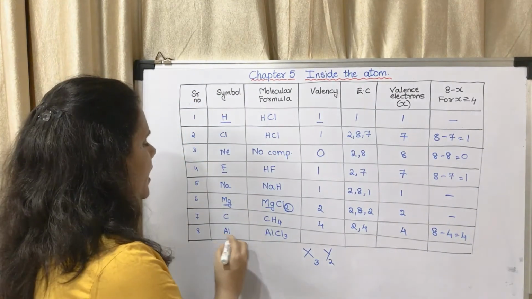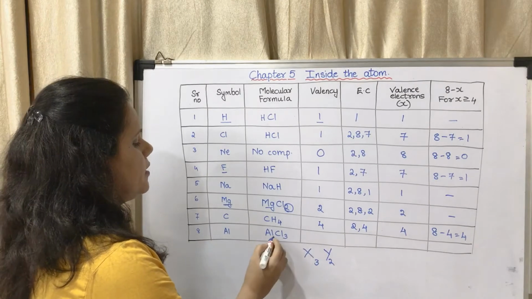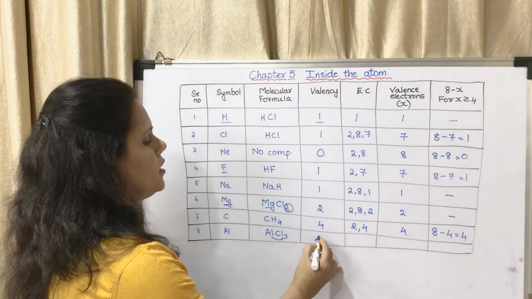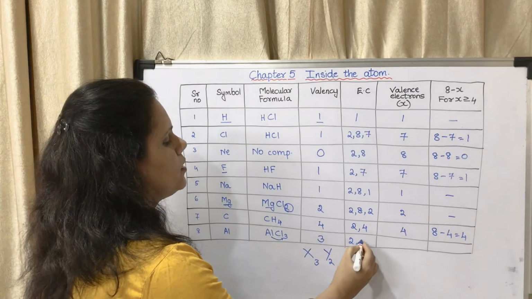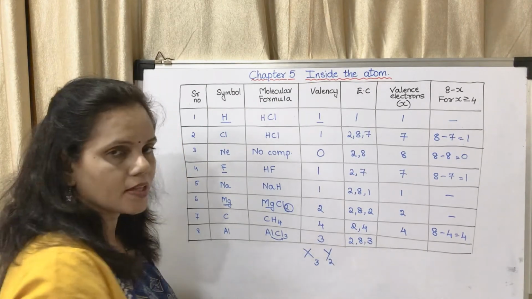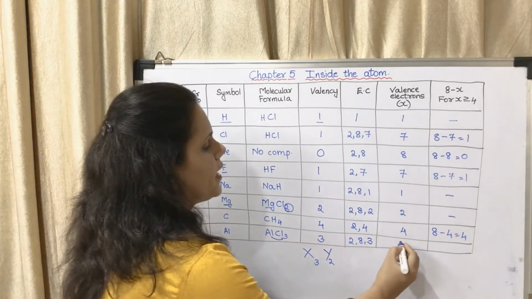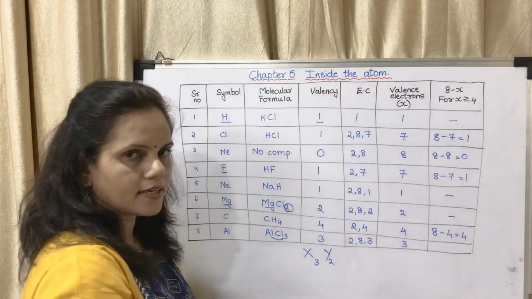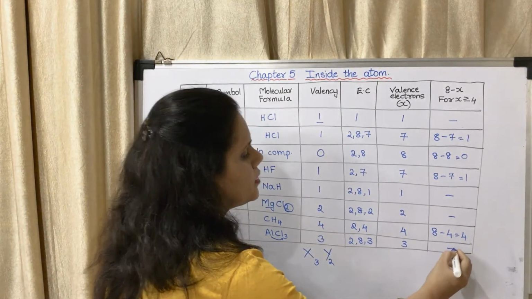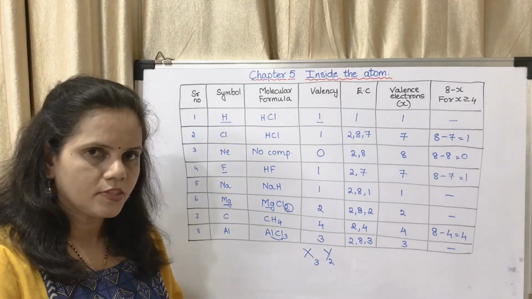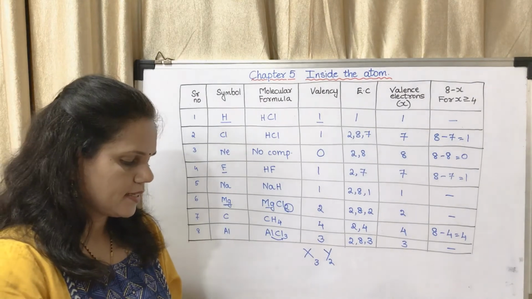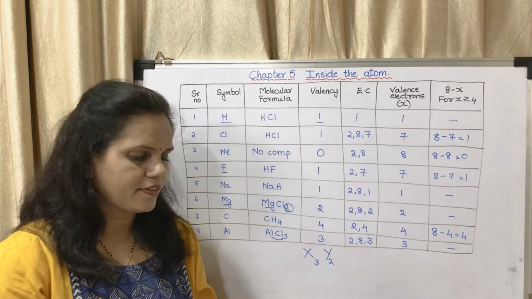Now AlCl3. The valency of Al is 3. It is 2, 8, 3. So the valence electrons 3. So dash. Now the question is on page number 35.